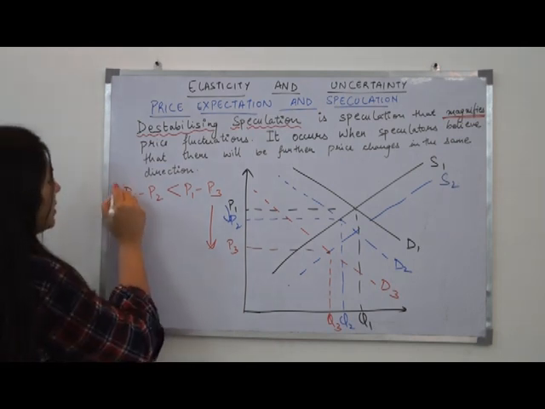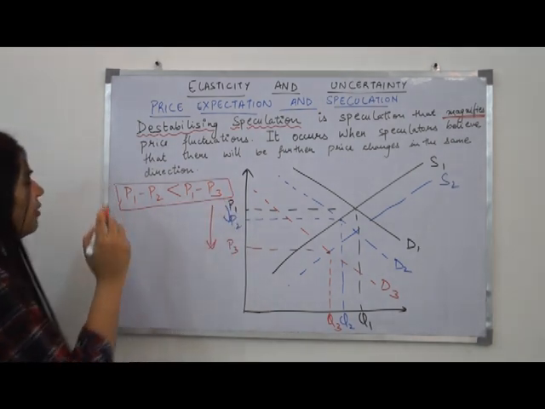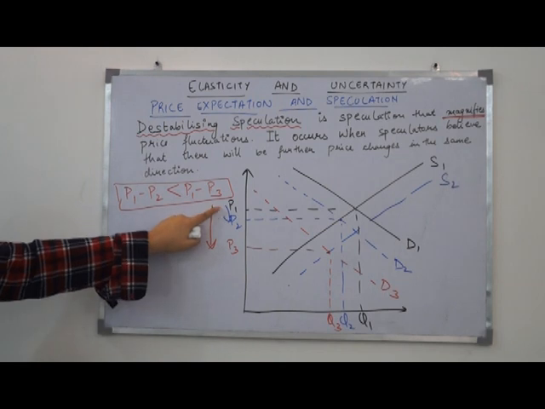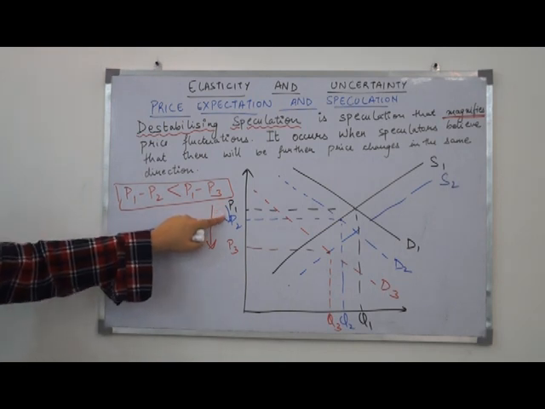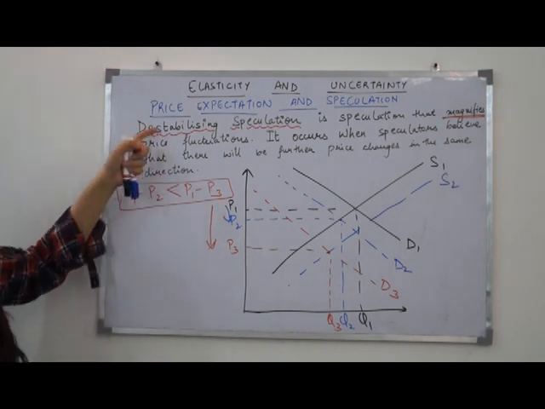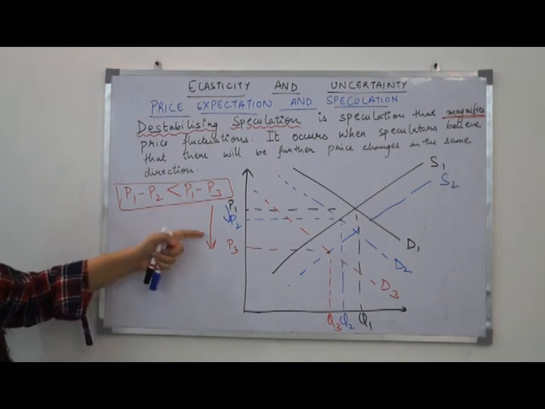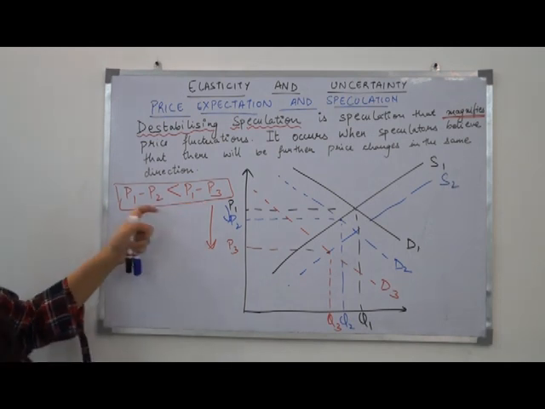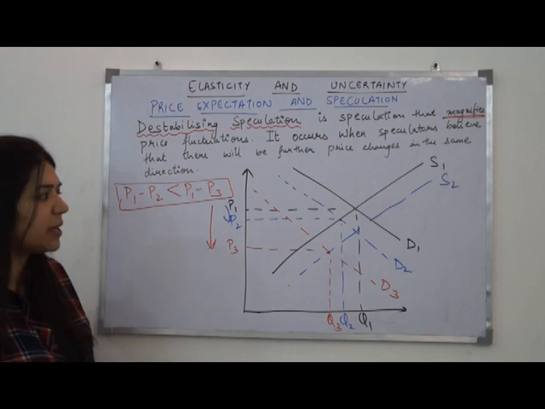And this is what we mean when we say that it has magnified the price fluctuation. The price fluctuation should have been only this much, but due to destabilizing speculation, the price drop has been a lot more than what it would have been without any speculation.